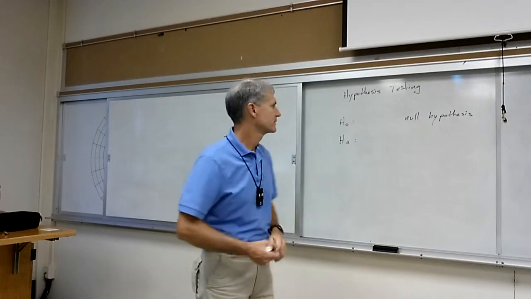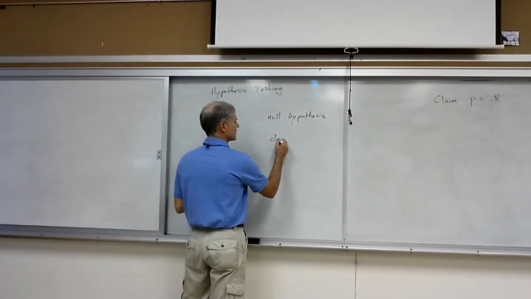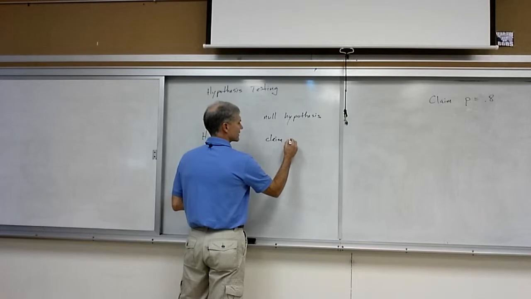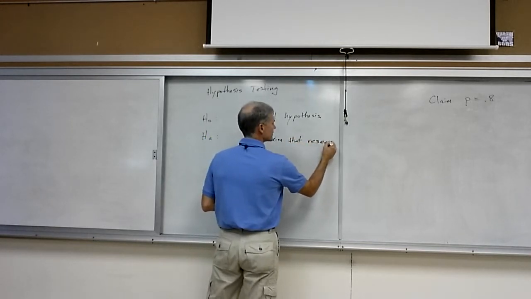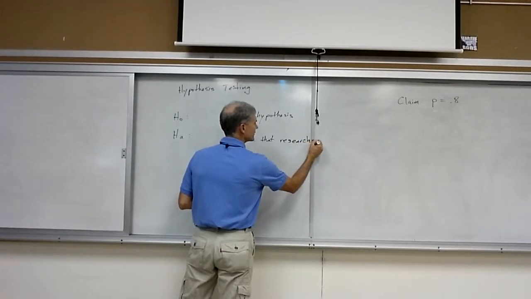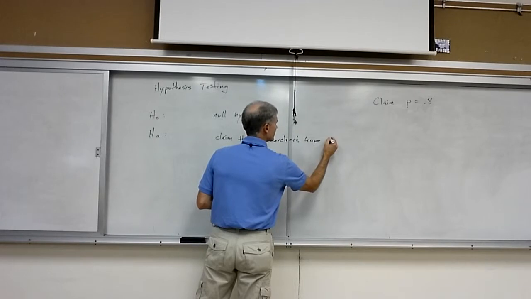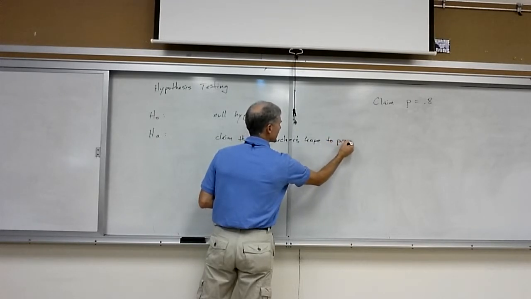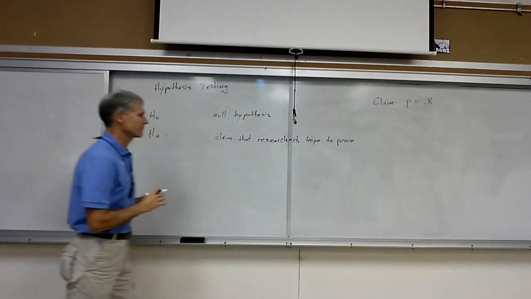So none. The alternative is generally the claim that we want to support. The claim that researchers hope to prove. That's not always the case, but in general, that's the way the alternative works.